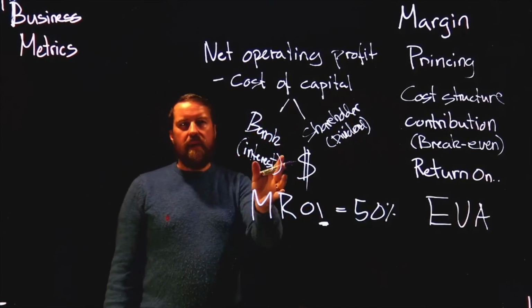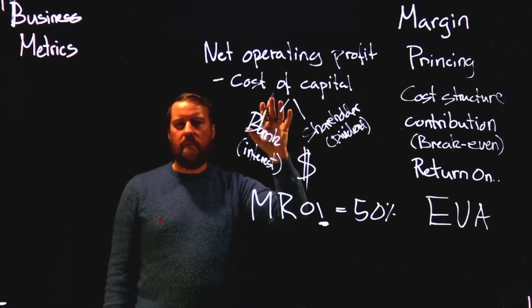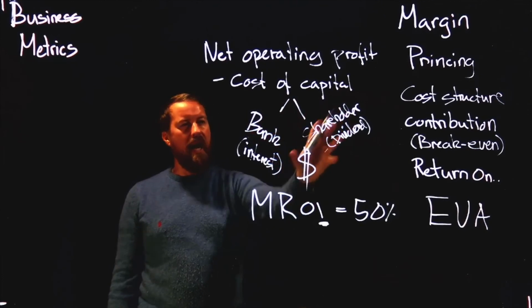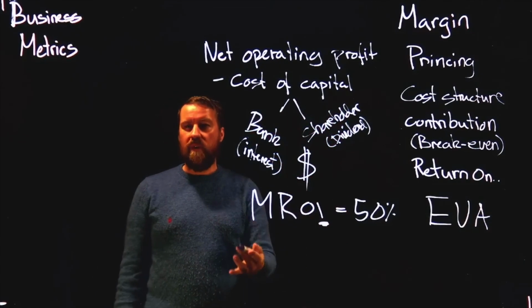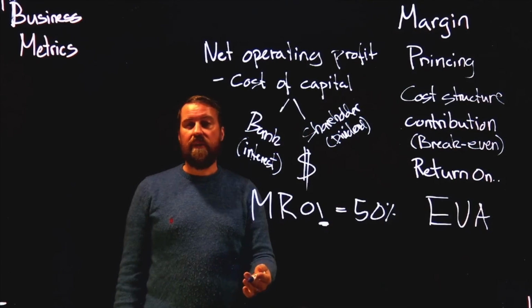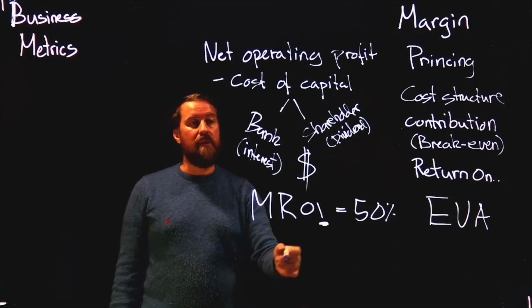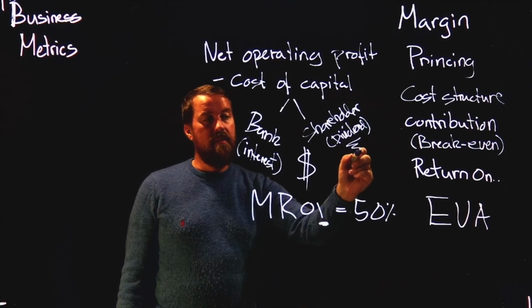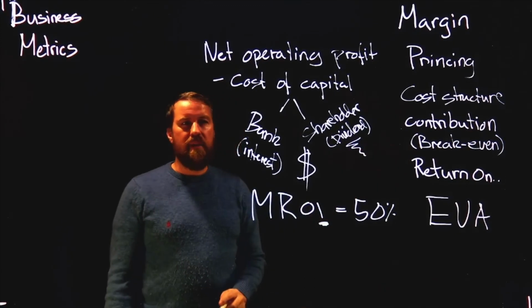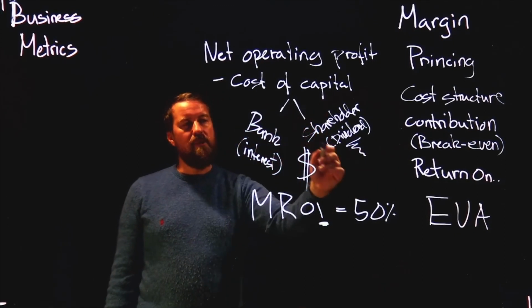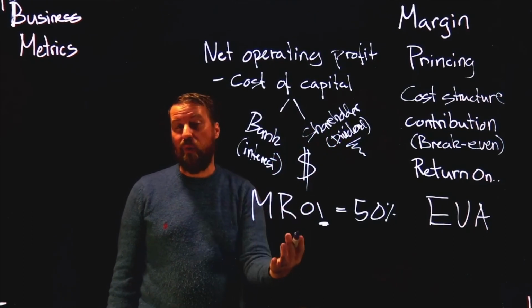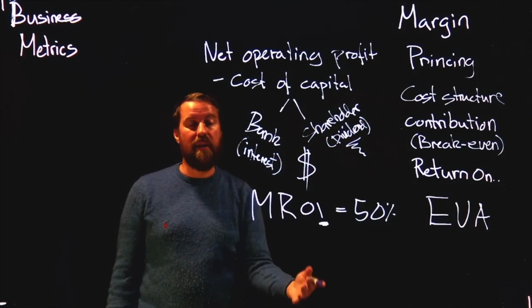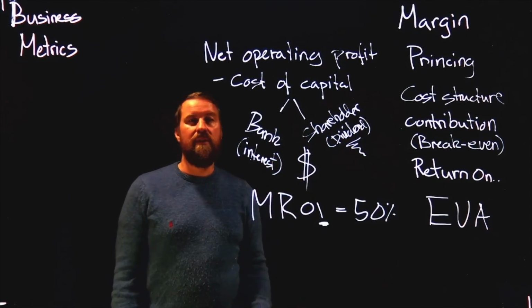Now you might say, hey, well, I have a startup company. I don't have shareholders. It's just me. Well, what are you being paid for your effort? The amount of hours, that's your dividend. So the cost of capital is the dividend either to shareholders or to the owner of the company so that they can live, and the interest to the bank.